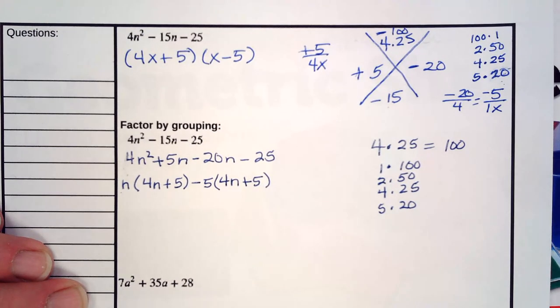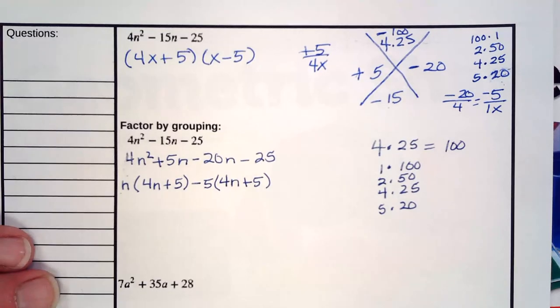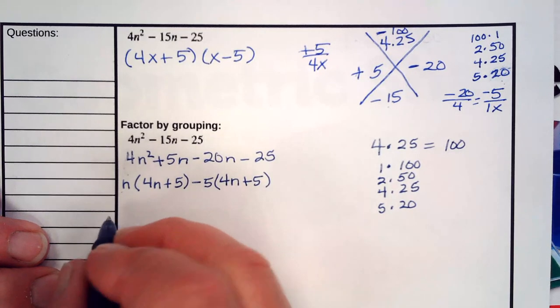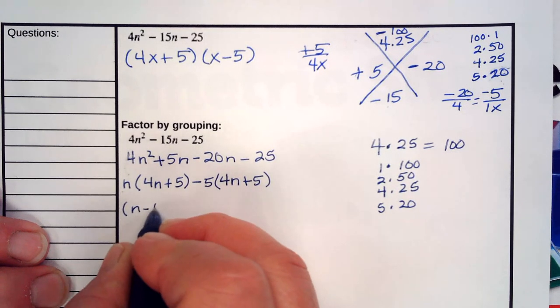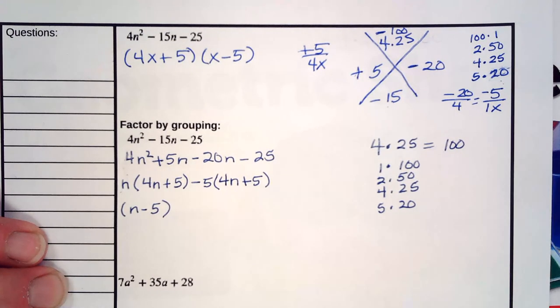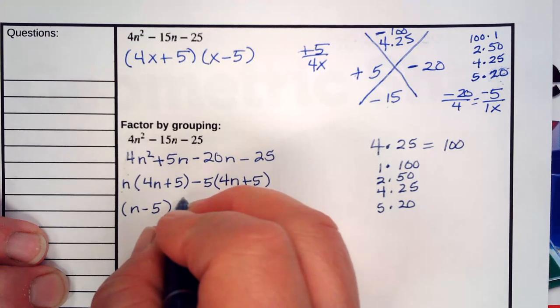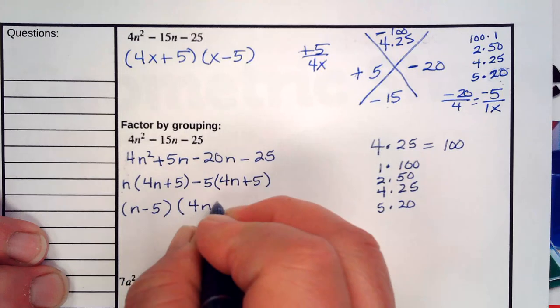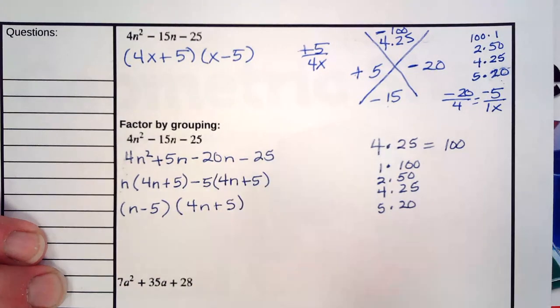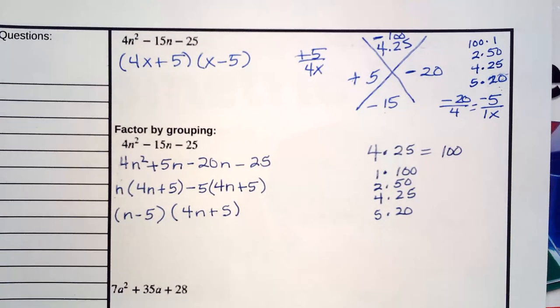Look at your parentheses. Are they the same? Yep. So now we know we've factored it correctly. So the n minus 5, which is on the outside, is one of our two factors. And then the 4n plus 5, which is our parentheses, is our second.